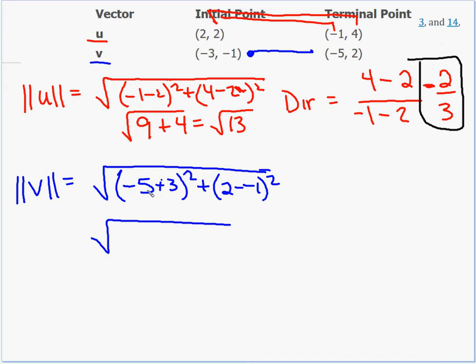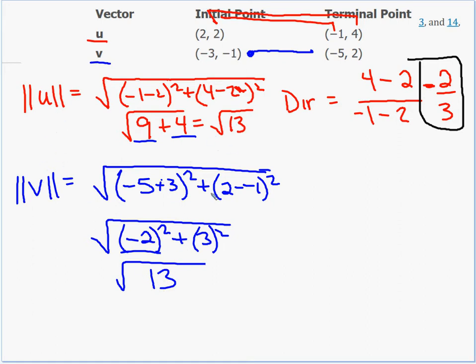Negative 5 minus a negative 3 turns to a plus. Negative 5 plus 3 is negative 2, squared. 2 minus a negative turns into a plus, that's a 3, also squared. Just like above, negative 2 squared is 4. 3 squared is 9. So that will also be root 13. So their magnitudes are the same.